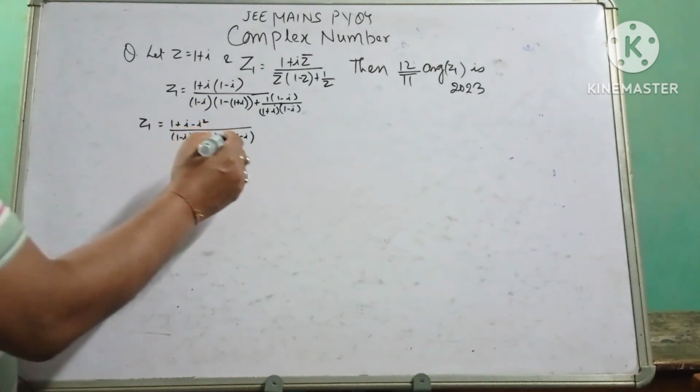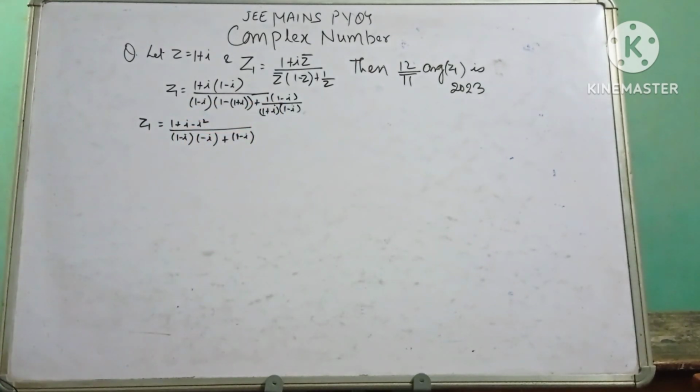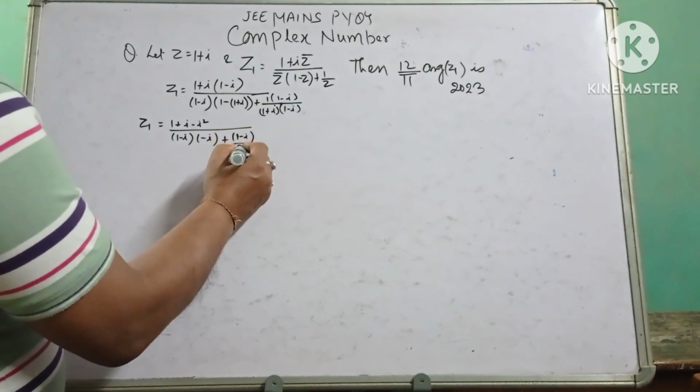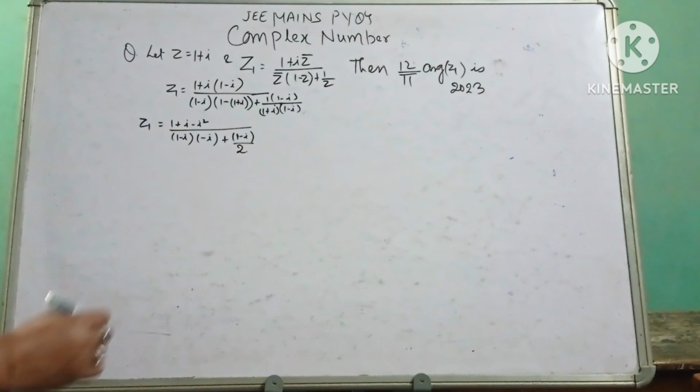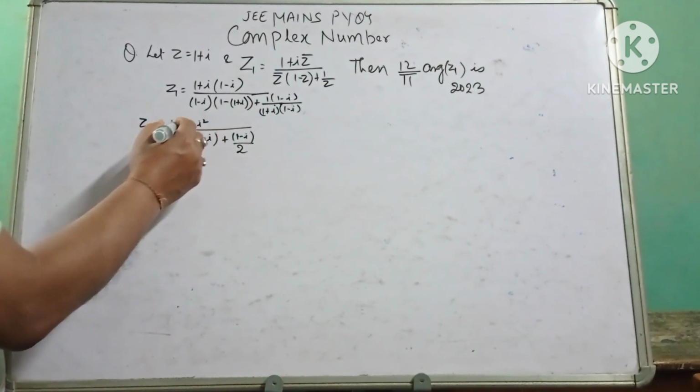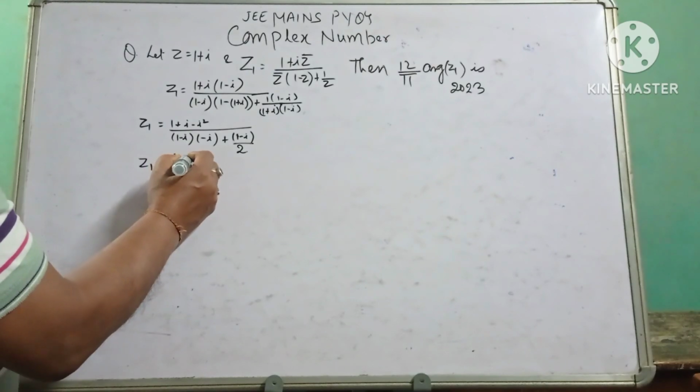This is a square minus b square, that's 1 minus i square, where i square is equal to minus 1. So here this will be 2. Now again, this will be plus 1, so this will be 2 plus i.